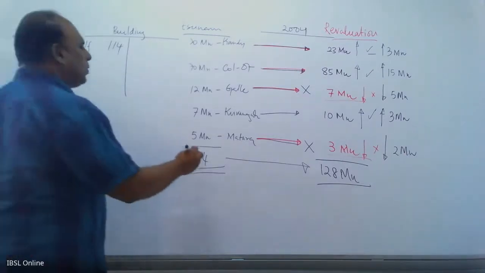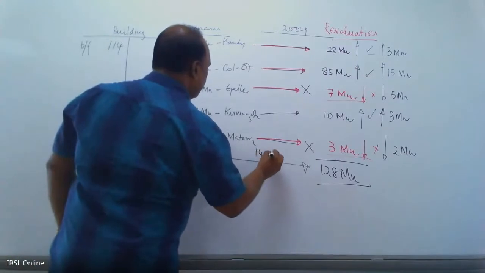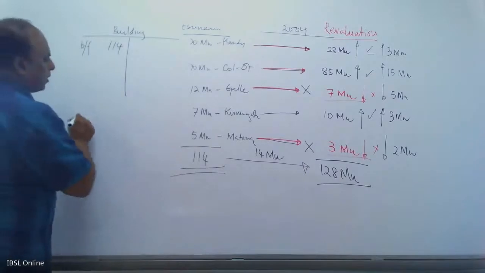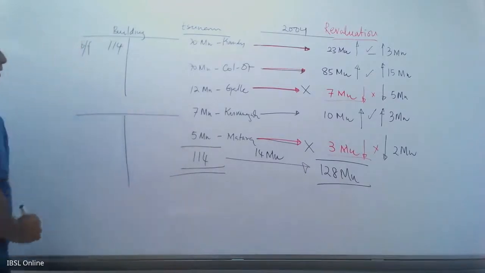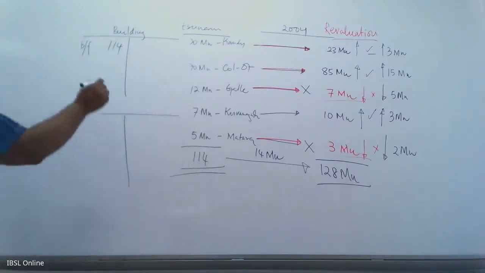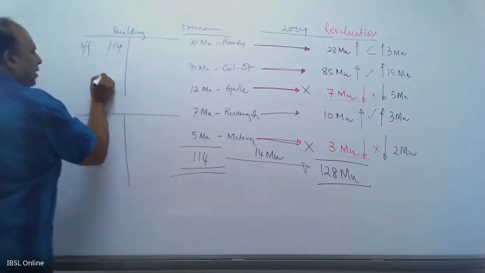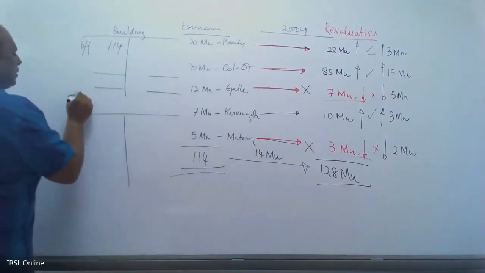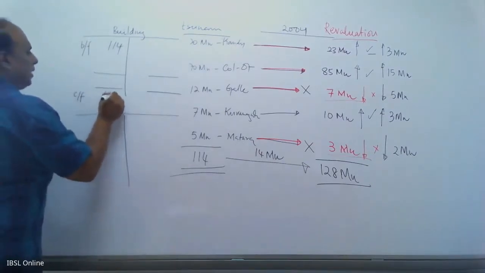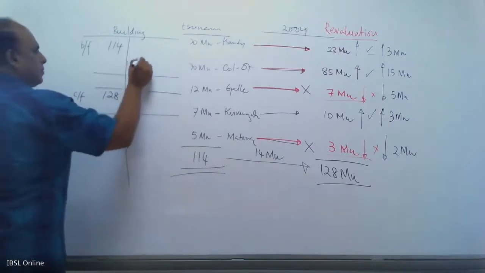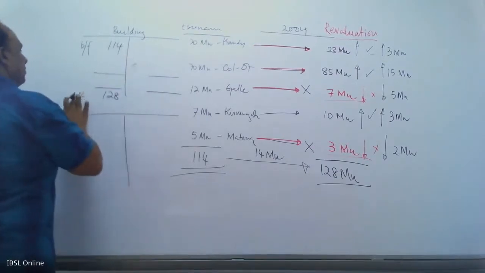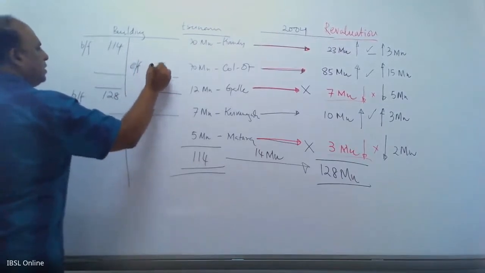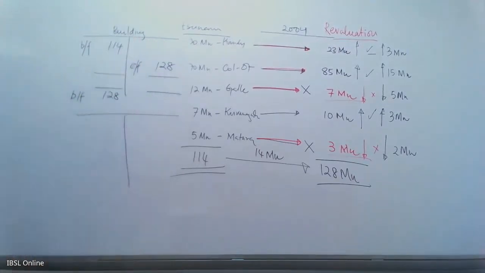So what do we do here? There is a total gain of 14 million. So that we have to record now. What do you mean by that? This 114 million now should reflect 128 million. So which means this has to show 128.